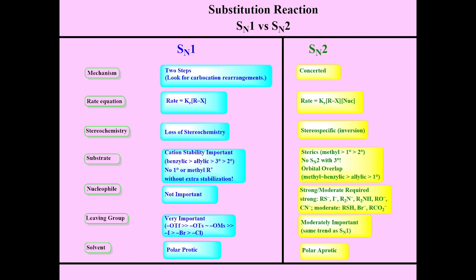So these are 7 parameters and their characteristic SN1 and SN2 outcomes, which can help you to compare between SN1 and SN2 reactions for substitution reactions.